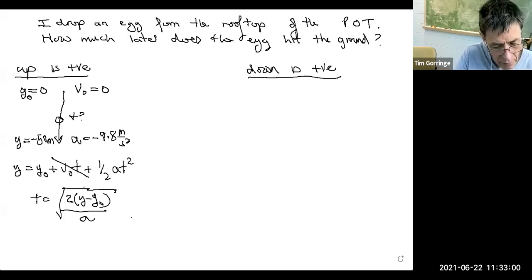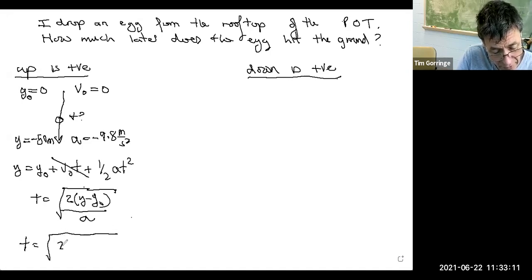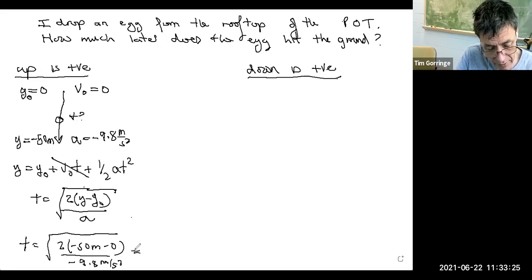So now let's fill in the quantities. The time will be the square root of, in the numerator, 2 times minus 50 meters minus 0 meters, divided by, in the denominator, minus 9.8 meters per second squared.